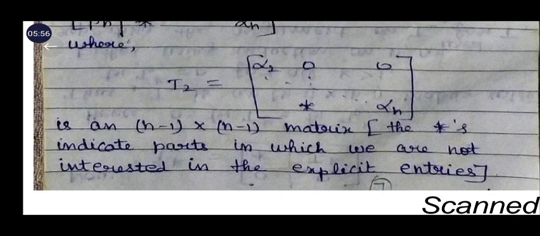The star indicates the parts in which we are not interested in the explicit entries.